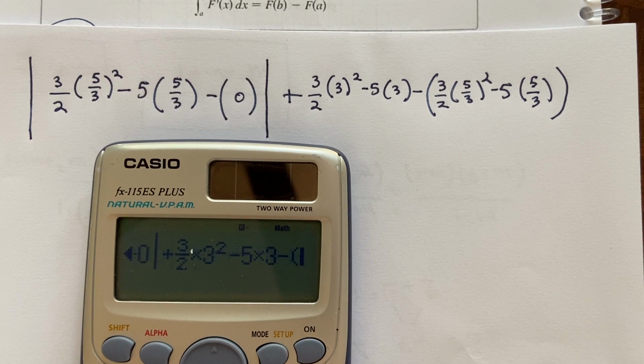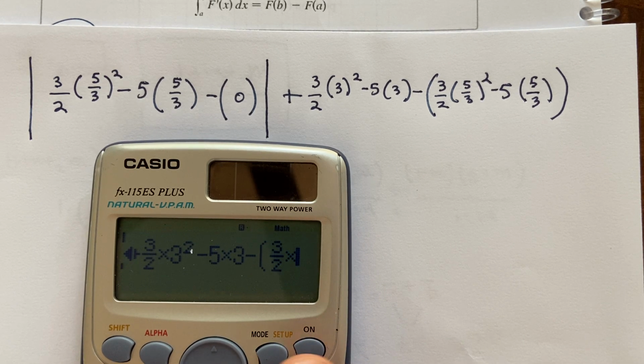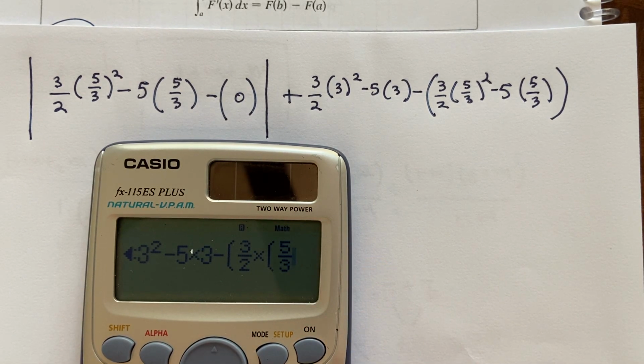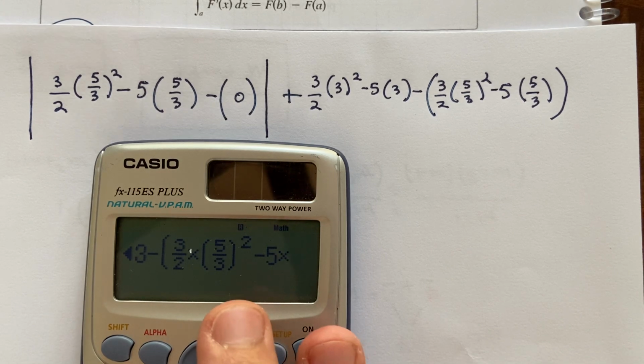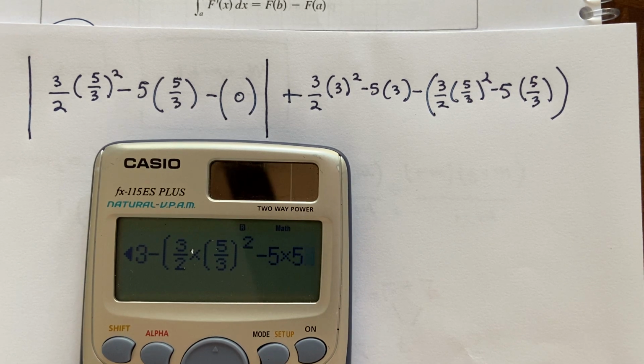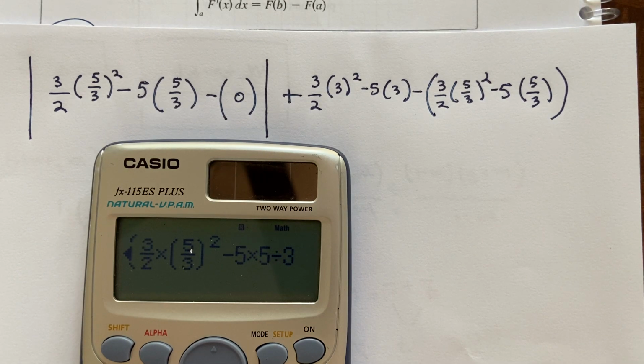Then minus 3/2 times 5/3 squared minus 5 times 5/3. Anybody else having fun yet with this one? Can I not even type it? I think it's running out of memory. So 5 divided by 3. End parentheses.